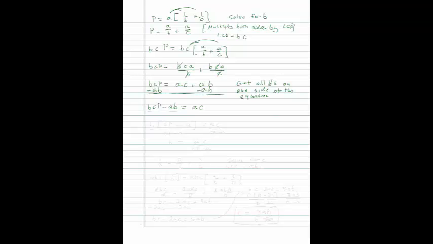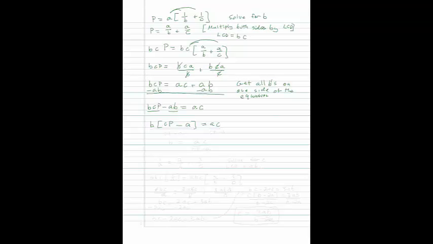Well, the next move is to recognize I have B's in both places. I want to factor out a B. If I factor out a B, I am left with what? Notice B times CP would give me BCP. I factored a B out of that one. B times A would give me AB. So factoring, in essence, is the reverse property of the distributive property, equals AC.